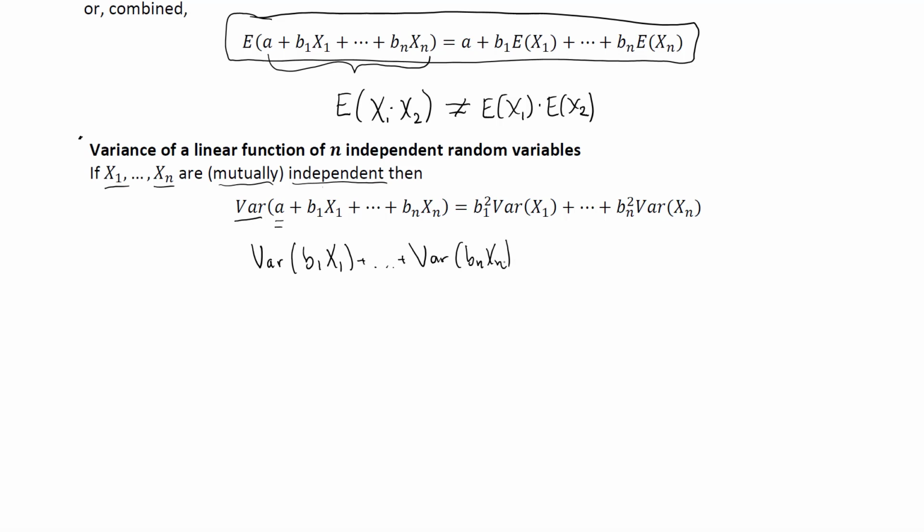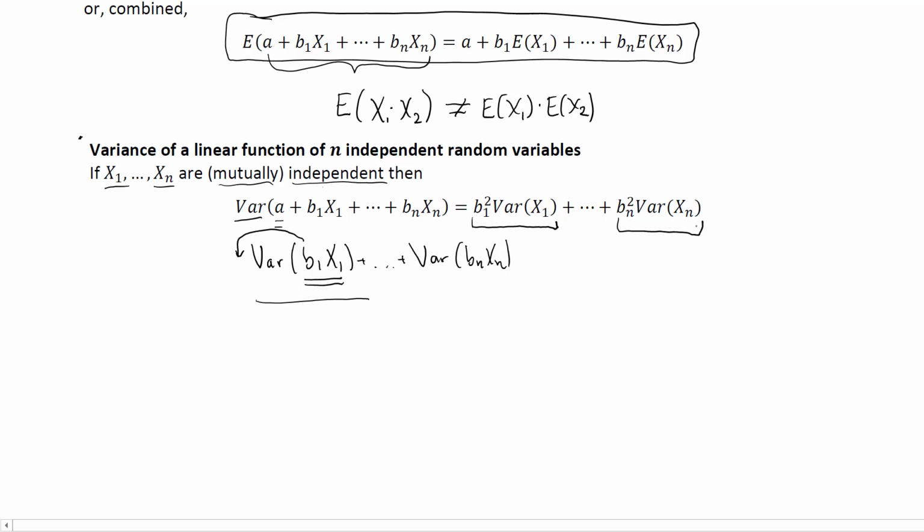We already know that when we look at the variance of a linear function of a single random variable, like the first term here, we can take this constant outside if we square it. That's why we get b1 squared variance of x1 plus all the way to bn squared variance of xn.